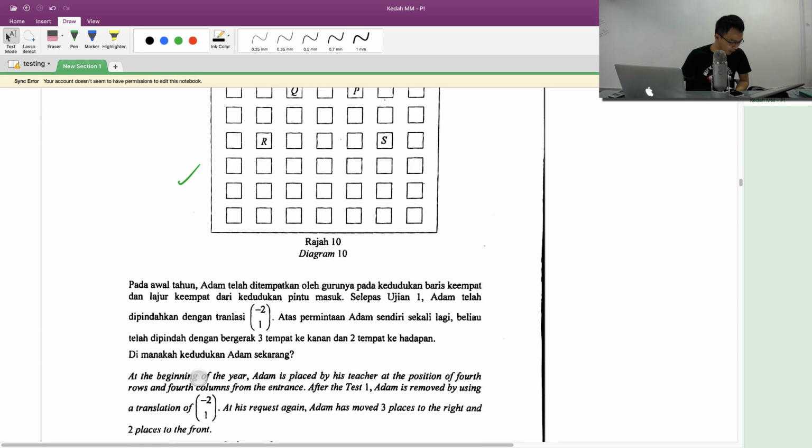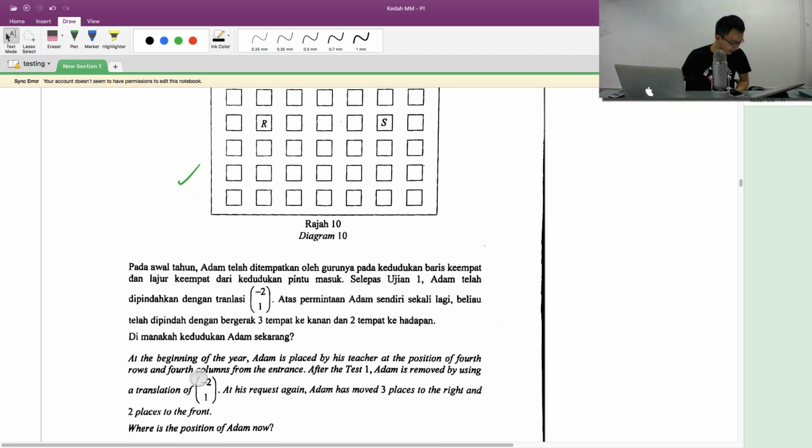At test 1, Adam is moved by using the translation -2, 1. At his request again, Aiden moved 3 places to the right and 2 places to the front. I guess it's something like this.